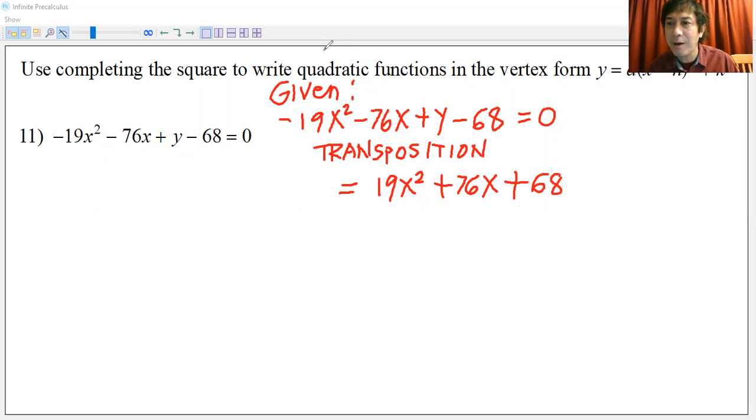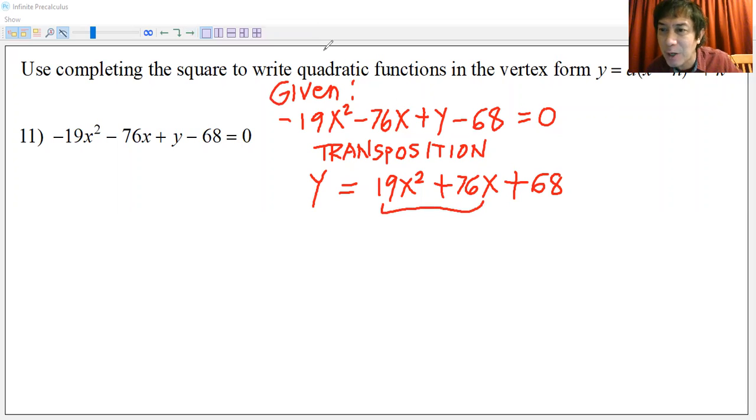The y stays there, so there won't be any change in sign. Don't mind the 0. So we already have y equal to something. All we need to do is do the completing the square, and we shall begin with these first 2 terms.